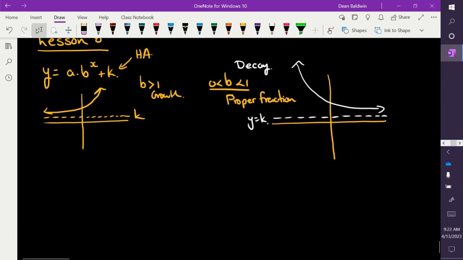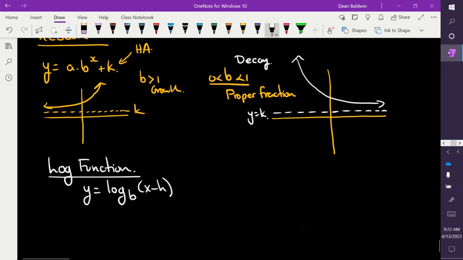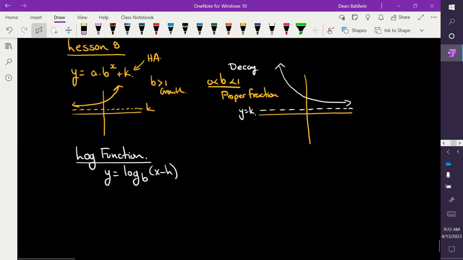And then we have the log functions. I'm just putting in the important values that I'm going to focus on. Okay. In the exponential graph, the k value gave you the horizontal asymptote.